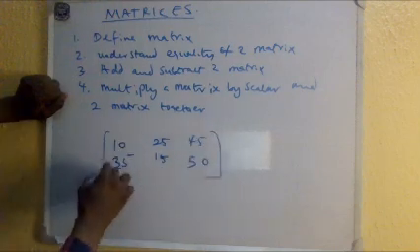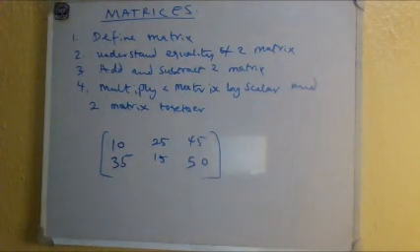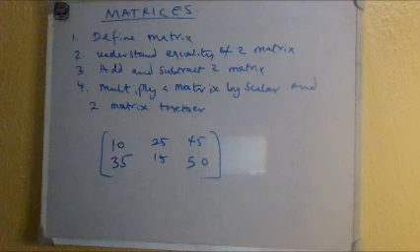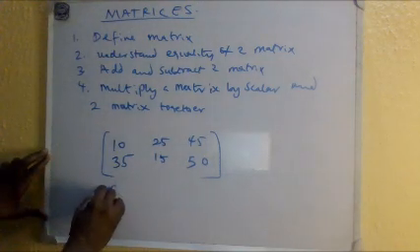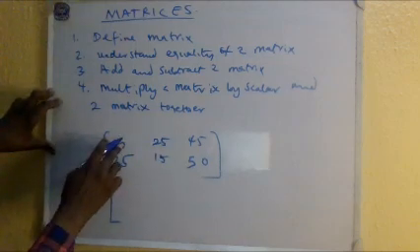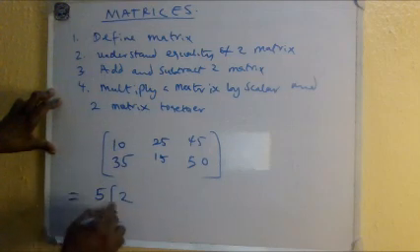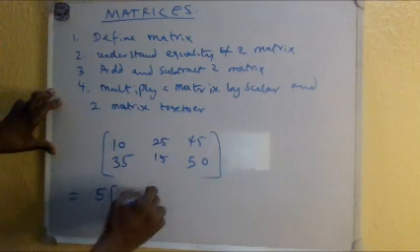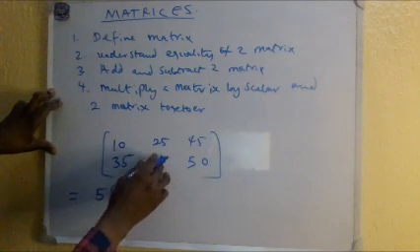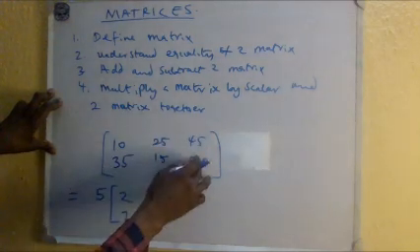So if I were to factor out this matrix by using a common factor, I'm bringing out a scalar. I see that 5 is common. So if I bring 5 outside and put this matrix, simplifying: 10 divided by 5 is 2. 35 divided by 5 is 7. 25 divided by 5 is 5. 15 divided by 5 is 3. 45 divided by 5 is 9. 50 divided by 5 is 10.